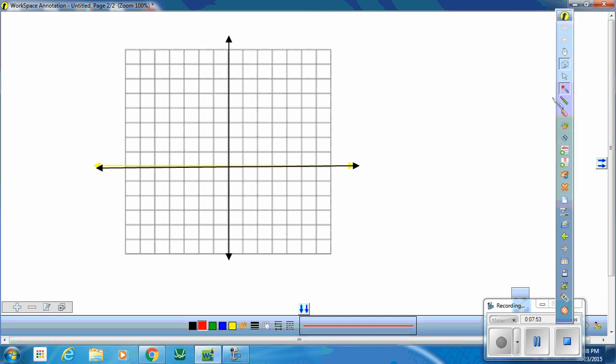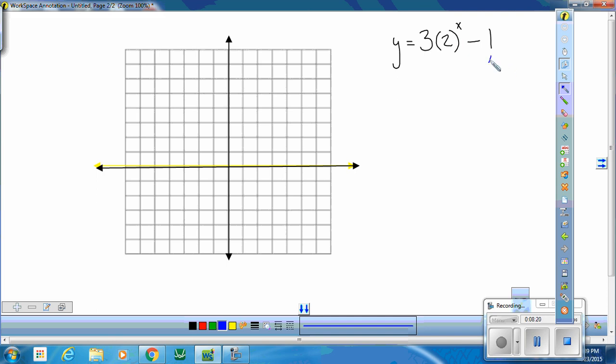If I have the equation y equals 3 times 2 to the x power minus 1, I actually want to graph this. The first thing I need to realize is that x is in the exponent, so it's an exponential. That's how I know what its shape is going to be.